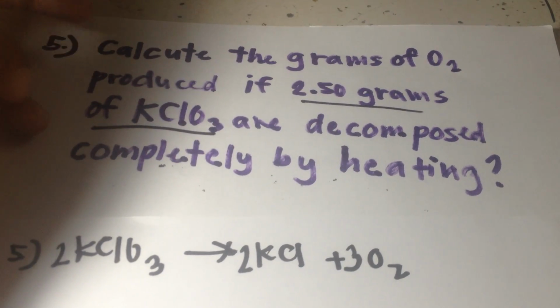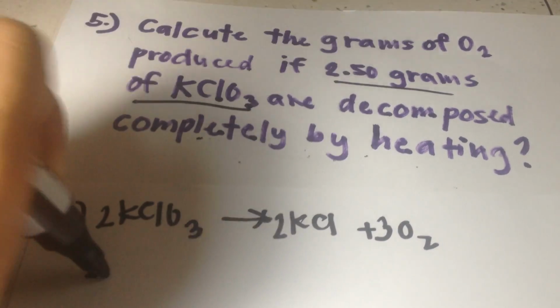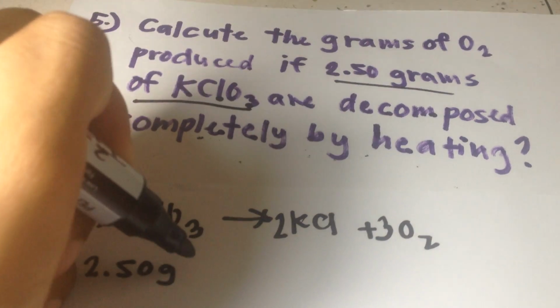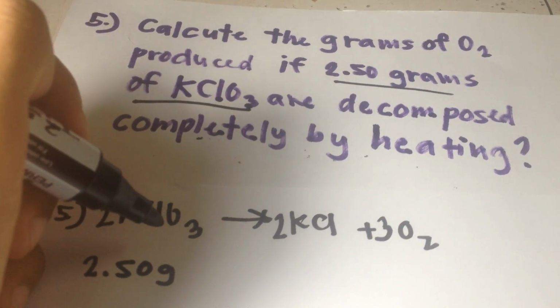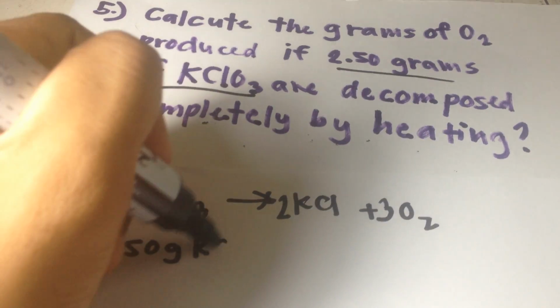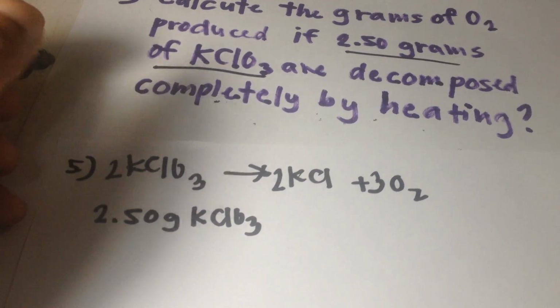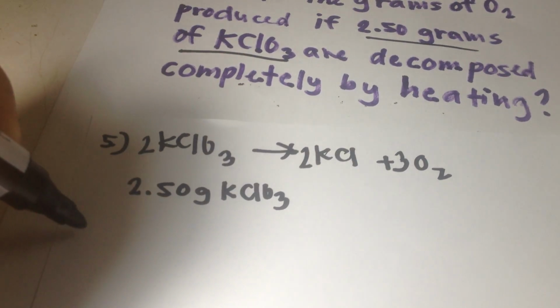So we need to calculate the oxygen gas. There is a given 2.50 grams of potassium chlorate. And we need to calculate the mass of oxygen gas.